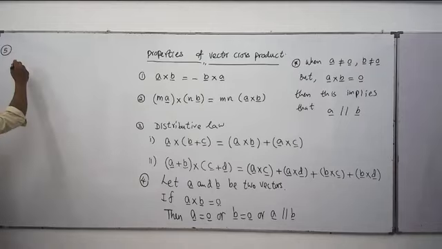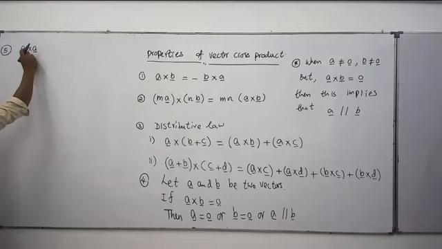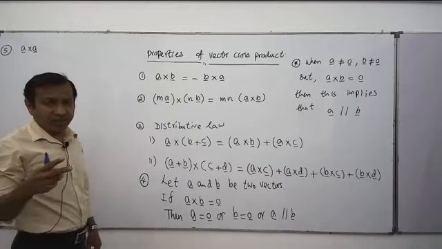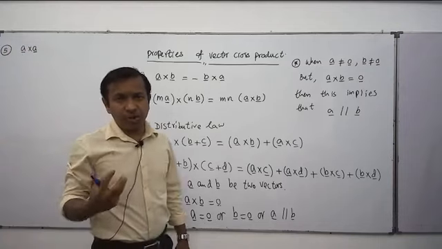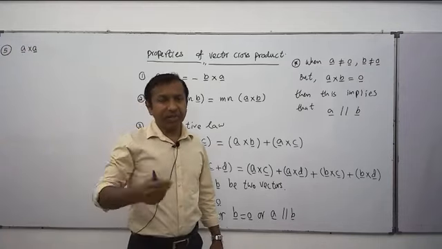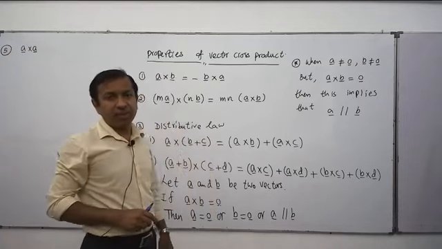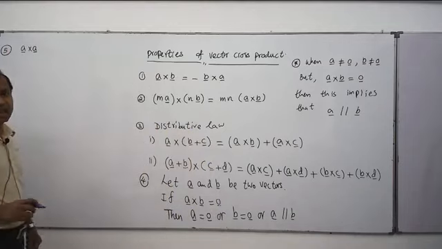People, when we take vector cross product with the vector itself, A cross A, the two vectors are equal. When you take the cross product with the same vector, people, the answer is 0 vector. A cross A is 0 vector.